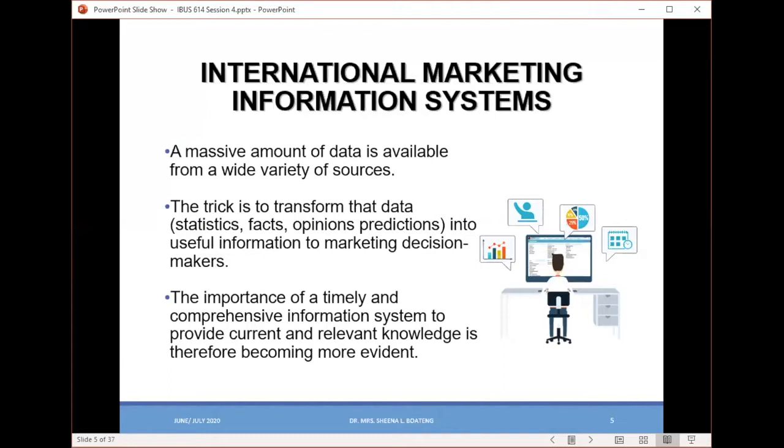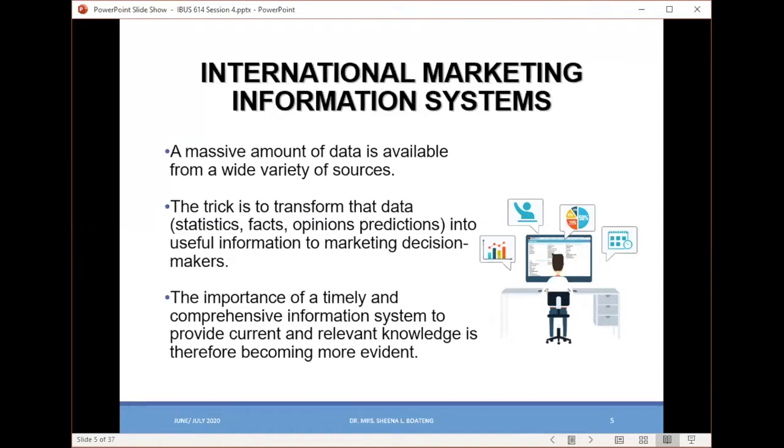However, having access to the information is not as crucial as having access to the information in a timely manner, because you can have an excellent amount of information, but if it is made available to you at the wrong time, you may not be able to utilize it in making decisions that will have benefits for your marketing activities. So it is very important that all the information that we get, regardless of the sources that we get it from, in the form that they come in, comes in a timely manner for us to be able to make good decisions.